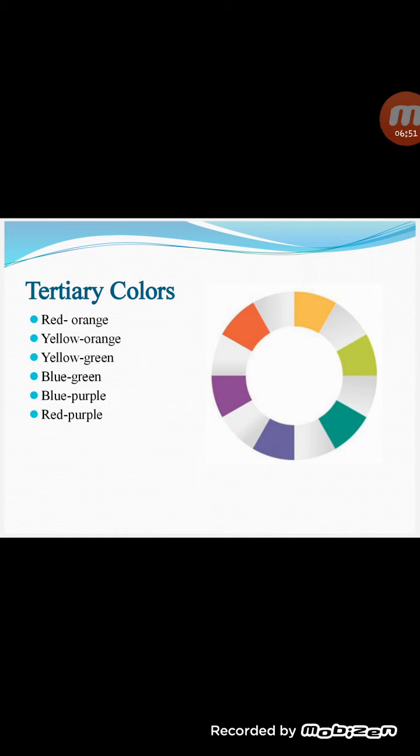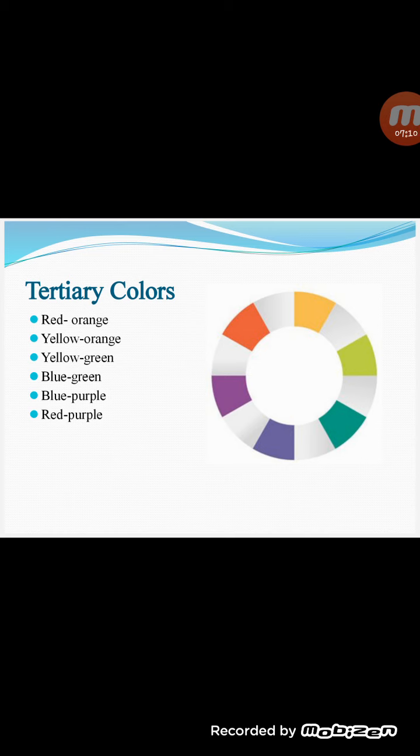Tertiary colors. Intermediate or tertiary colors are created by mixing primary and secondary colors. Intermediate colors lie between the primary and secondary colors on the color wheel.